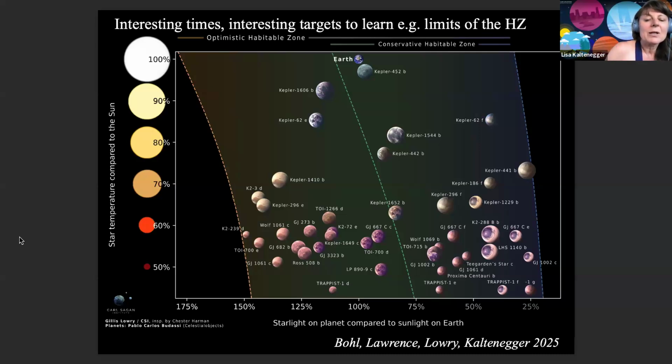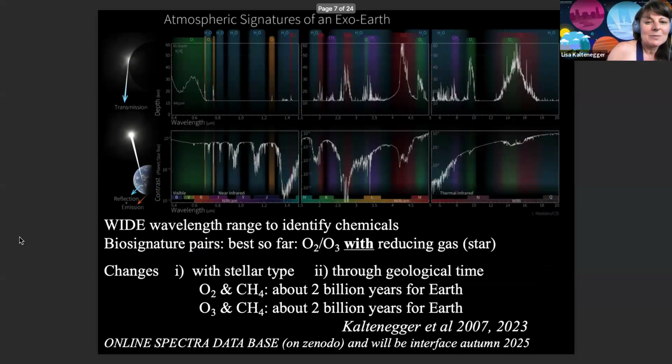And so if we go to the next slide, this is a very, very quick overview of what you could look for. This is a very busy slide, but what I would like you to just glance at, on top, you see the transit spectra of modern Earth. And on the bottom, you see the reflection spectra of modern Earth. And you see very many different features you can look for.